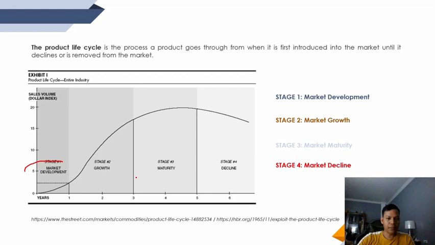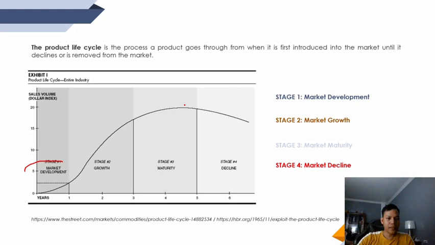And the second one is market growth, in which it will attract more customers to purchase your products in the market. And then you have stage three, the market maturity. This is the stage in which you will have the peak level of maturity of your products. Okay.